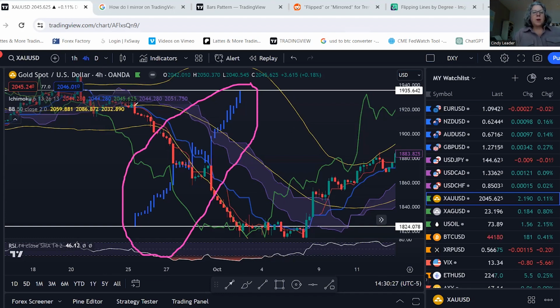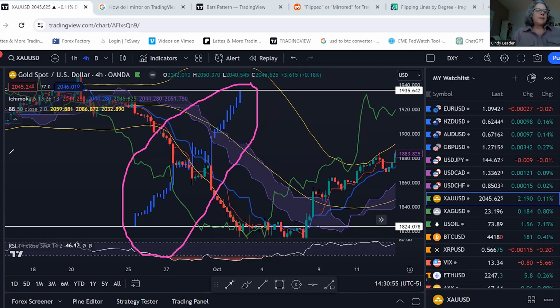So what I did is I caught this long string of candles, this downtrend, and I mirrored it, and then I drew some horizontal lines to see if that was, I call it a bone of contention, any support or resistance. And it was pretty cool. It's just another tool in your toolbox, another confluence where you can go, yeah, I was right.